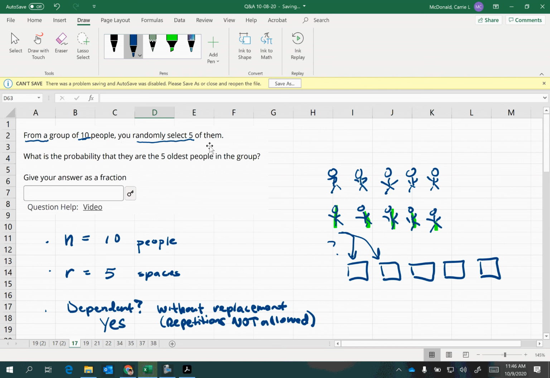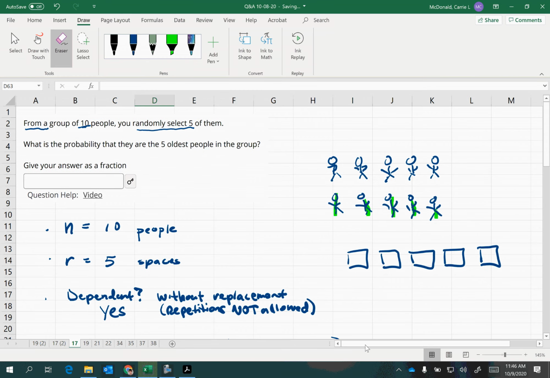It doesn't say anything about different positions. It's not like we have an executive board, say with a president, a VP, a treasurer, secretary, etc. We don't have any different ranks here. So it really doesn't matter the order that I assign them in. So we're going to say that order does not matter.